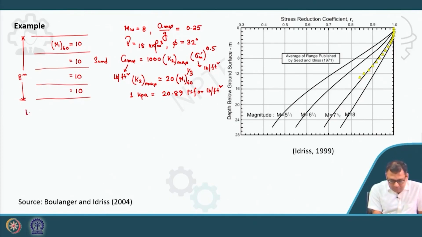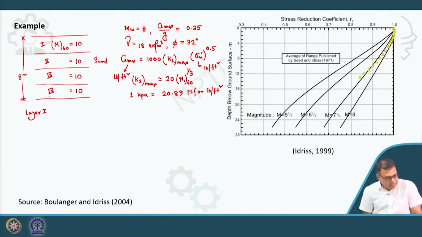Okay. So this is my layer, say 1. So this is layer 1. We have 4 layers or sub layers. Okay. So for layer 1, sigma m dash, because here sigma m dash and sigma m are the same, since it is dry soil, water is not present here, or if the water is present, it is far below that layer.